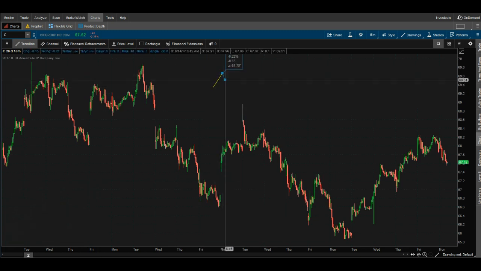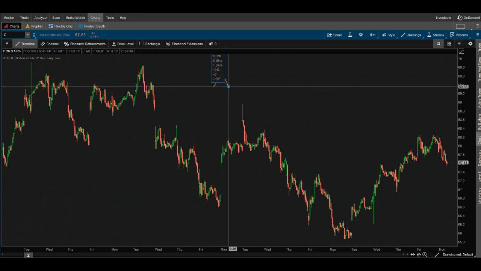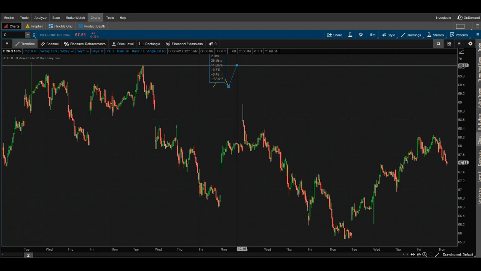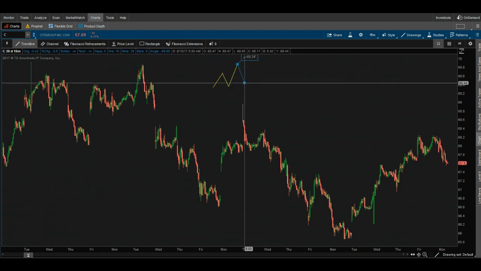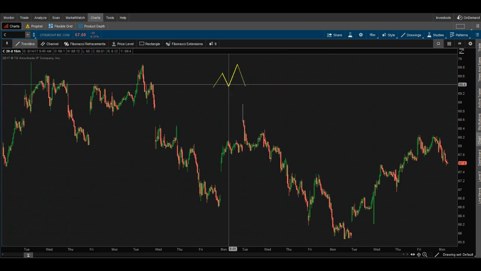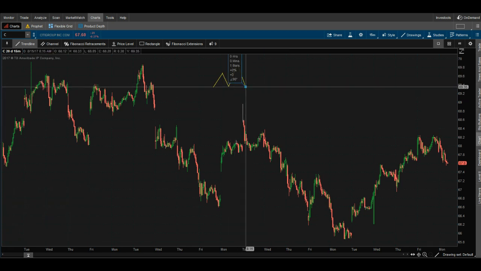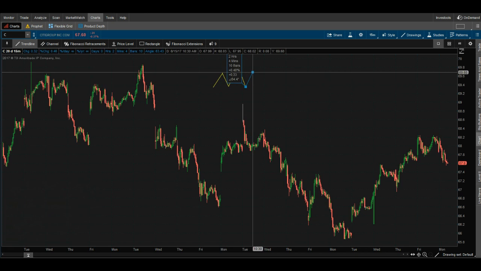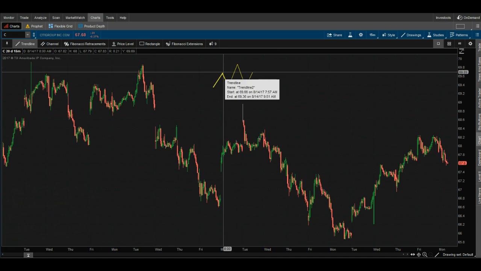So essentially, this is what a head and shoulders is. Price rallies, we pull back, okay, to a level. If we rally again and make a new high, price usually pulls back down to the support level. We rally again, but usually price will come back up to the previous shoulder.